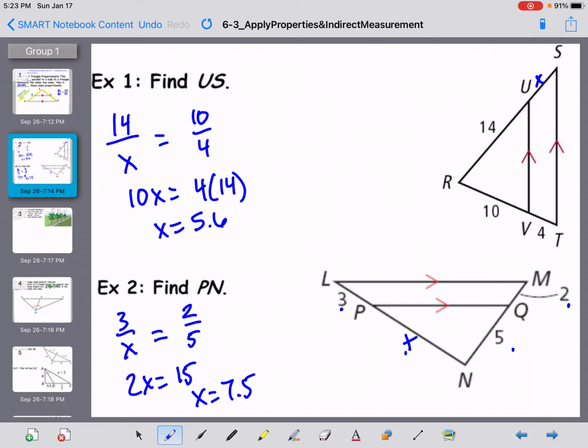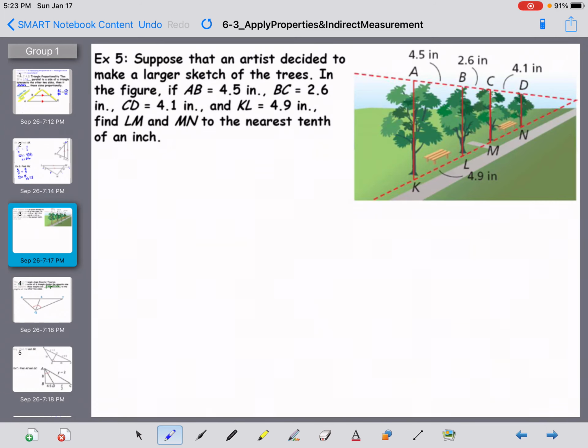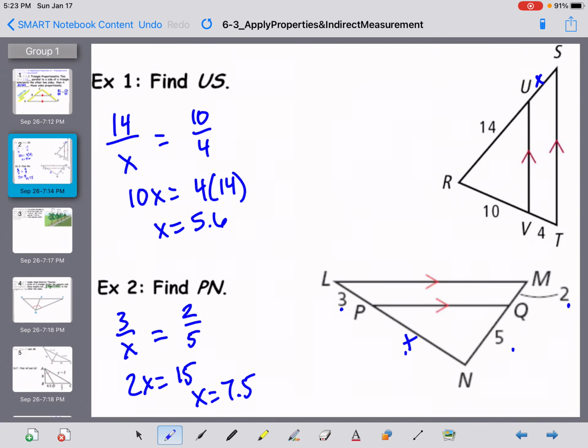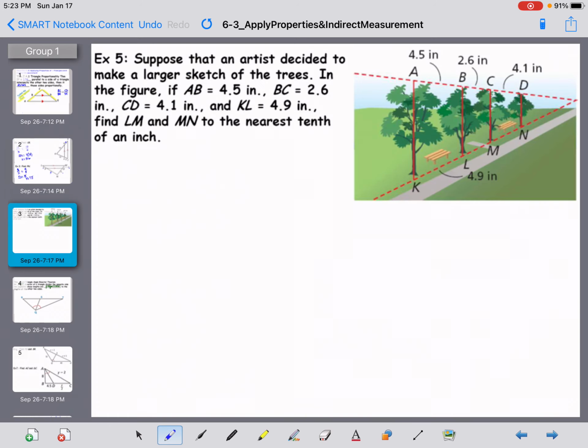Good job. All right, so those are the here's a triangle, here's what I'm looking for, figure it out kind of problems. You're going to have a whole bunch more practical type problems, more real life examples to work on. Here an artist has decided to make a larger sketch of these trees.